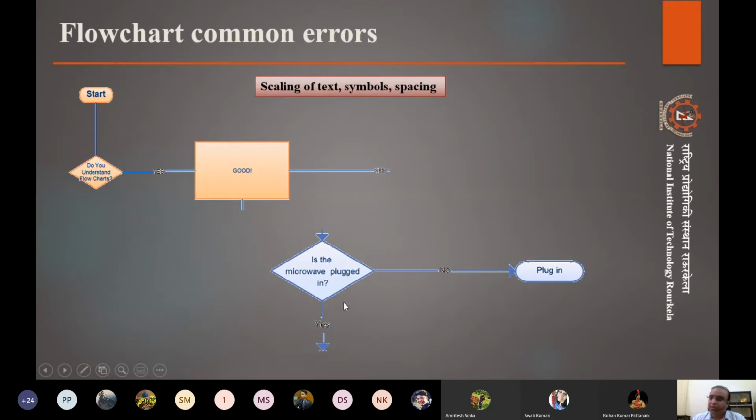So take proper care of how to scale the text so that it is visible properly when you have a glance at the flowchart overall. Take care that the box is not so big or so small that it doesn't hold what you want to show. And take care that overall spacing and text size are proper. Okay.